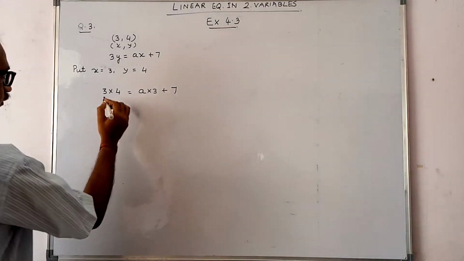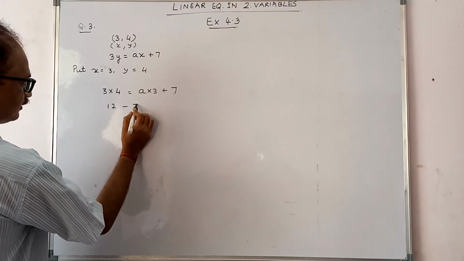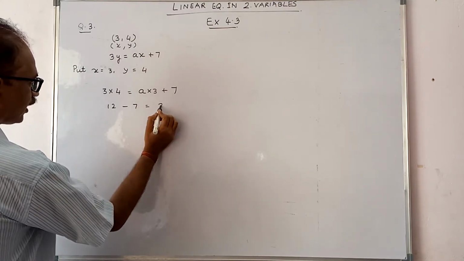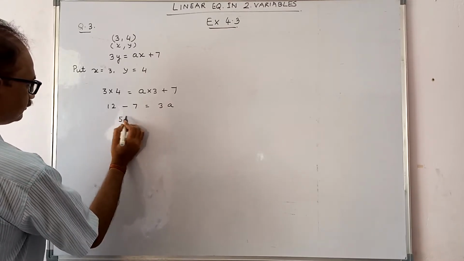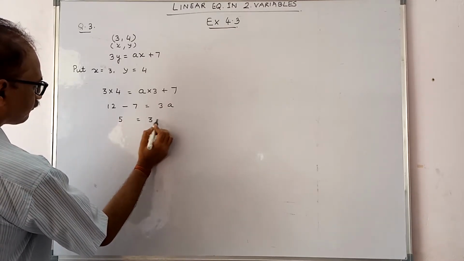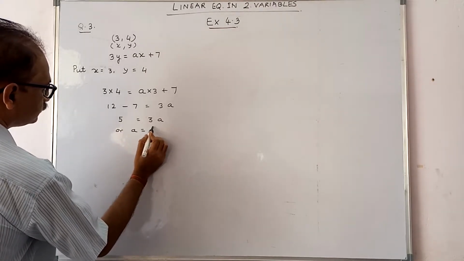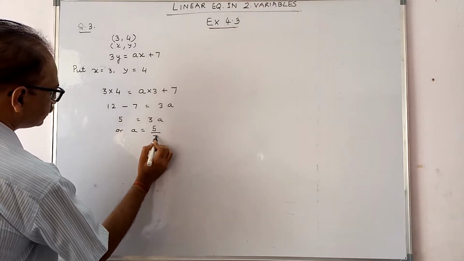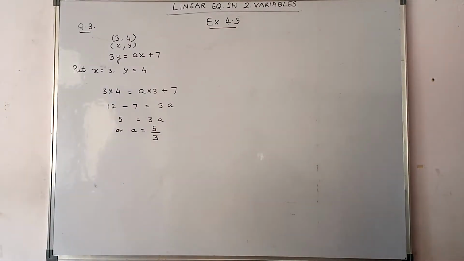Now 4 3s are 12, 12 minus 7 is equal to 3a. 12 minus 7 is 5, 5 = 3a, or a = 5/3. This is the solution of this question number 3.